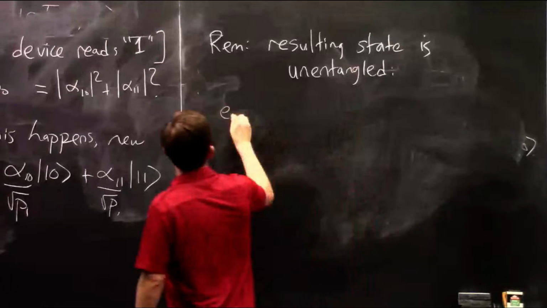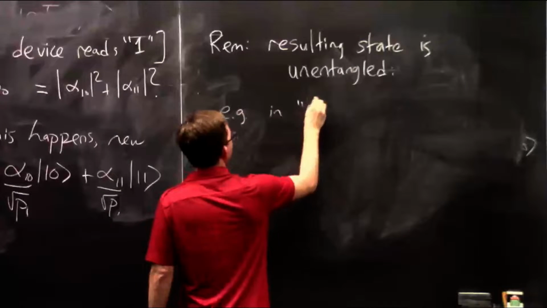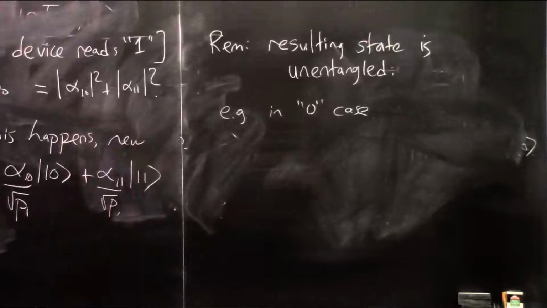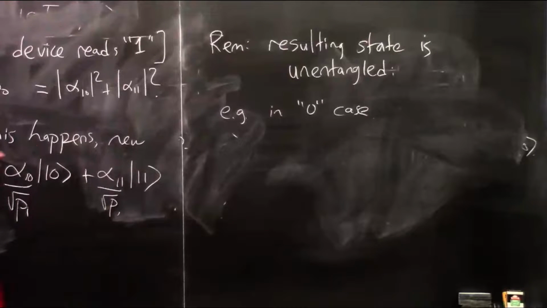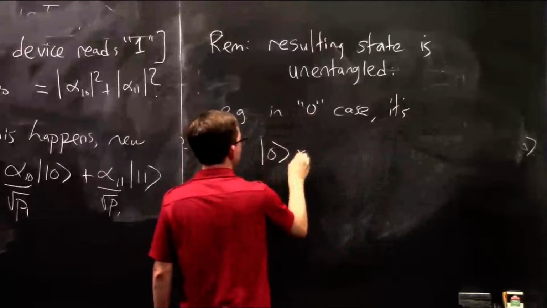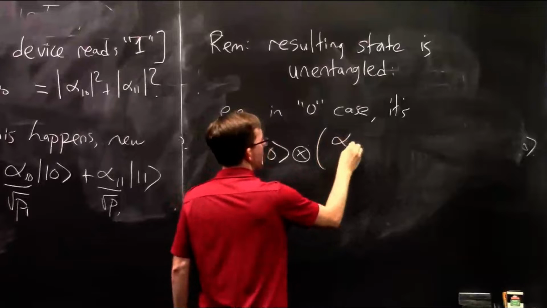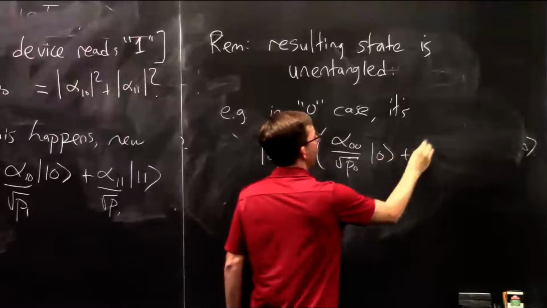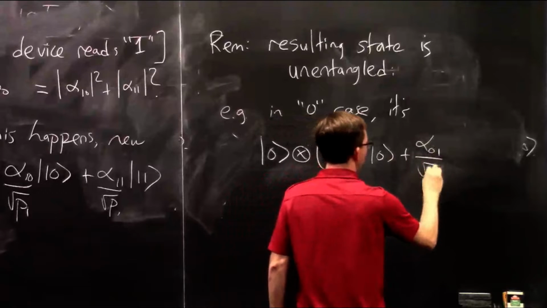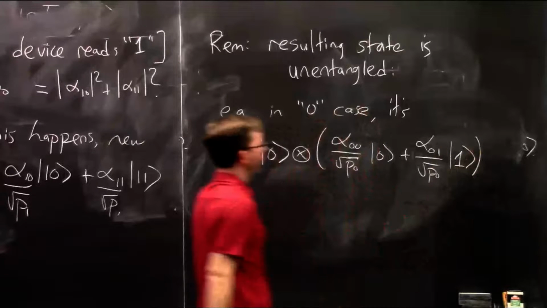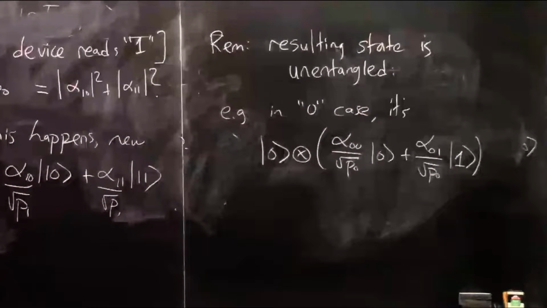So, e.g., in the readout 0 case, maybe it's not super clear, but this is the state. And if you think about it, it's 0 tensored with alpha 0,0 over root P0, 0 plus alpha 0,1 over root P0, 1. Let me just multiply this out, you get this. So it becomes unentangled.